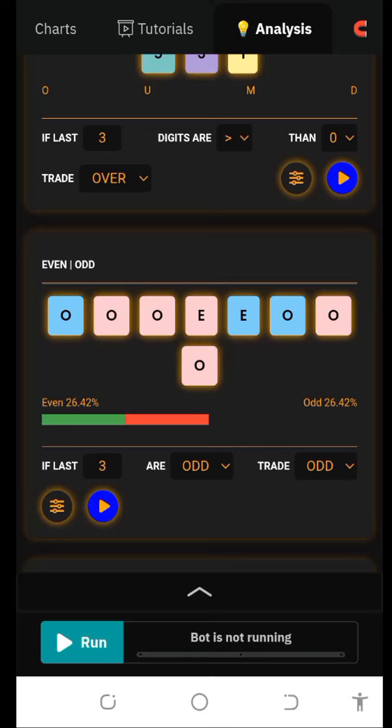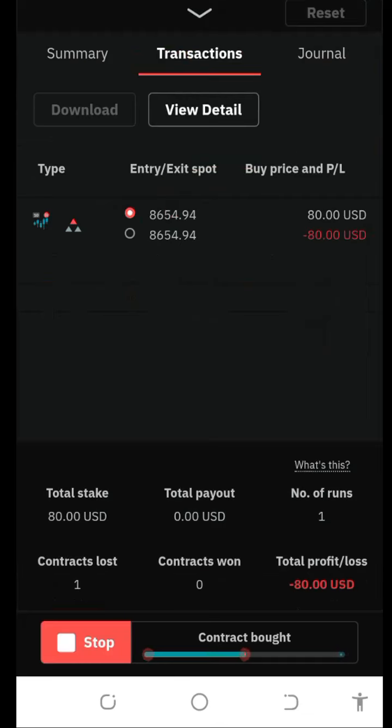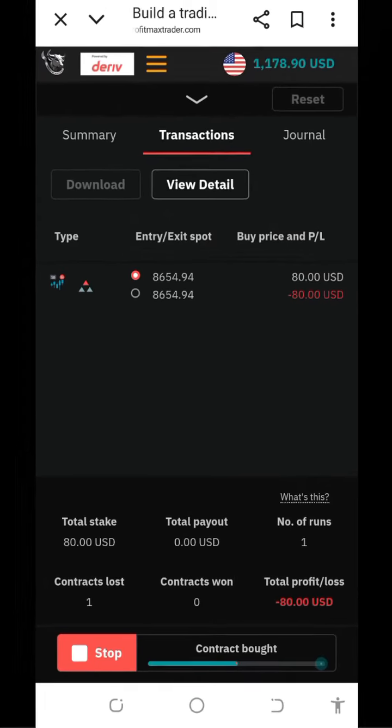Okay, 3 or more even to appear, and then we run our bot. So there you've seen 3 and we're in the market.